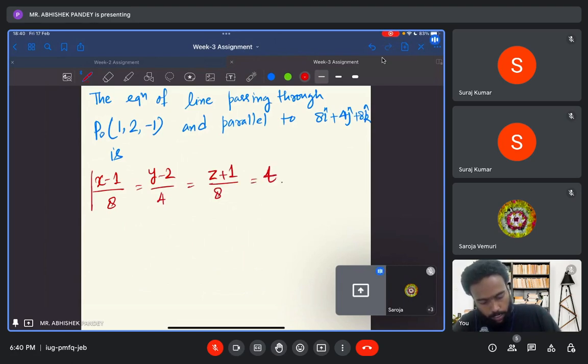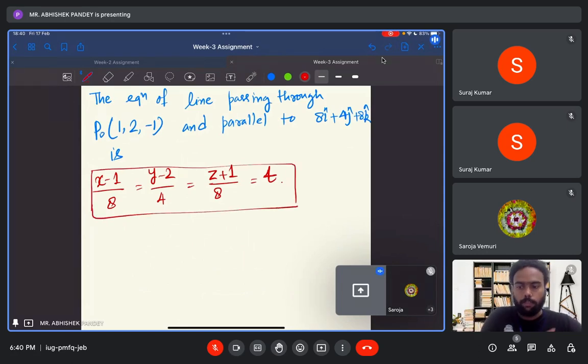This is your desired equation of tangent line. I hope this is clear to everyone. Yes, sir. Okay.